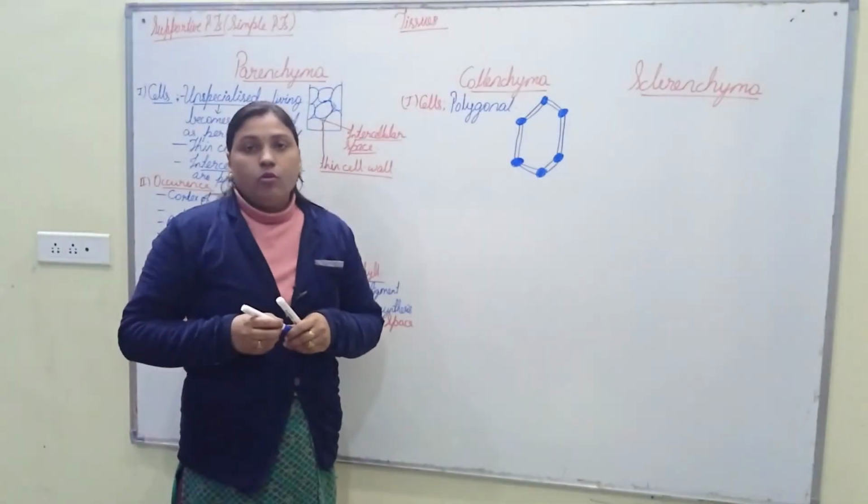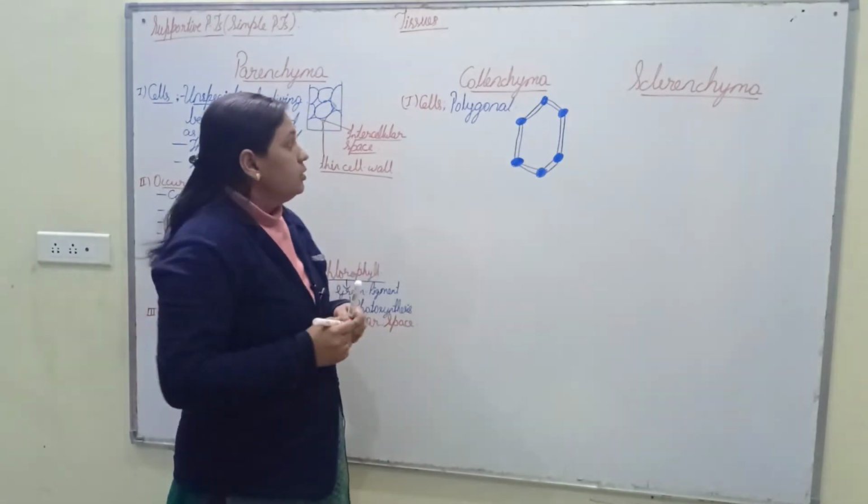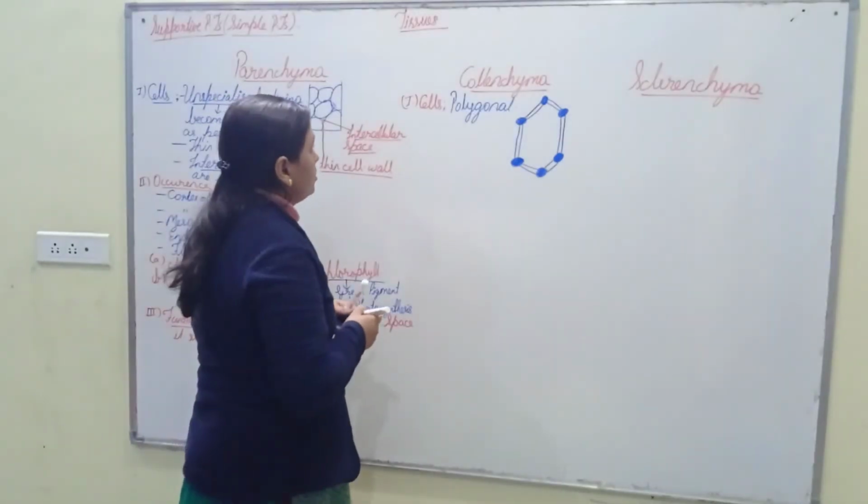So the cells of collenchyma are polygonal, that means they are made of many sides.